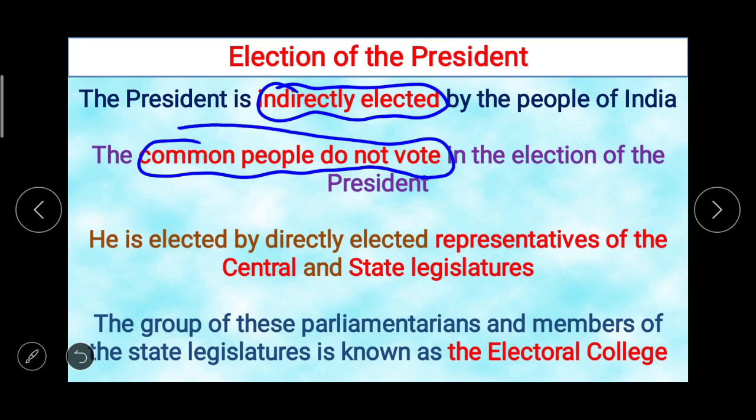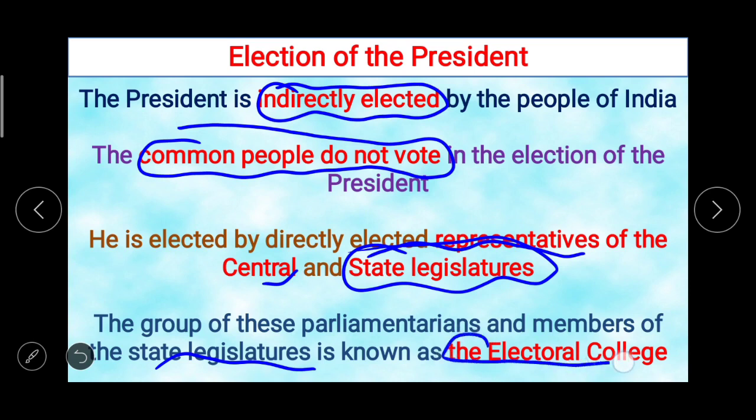He is elected by directly elected representatives of the central and state legislatures. जिन लोगों को लोगों ने ऑलरेडी चुन के दिया है, डायरेक्ट इलेक्शन के थ्रू वो हाउसेस में जाकर बैठे, उनके थ्रू प्रेसिडेंट का इलेक्शन होता है या फिर उनके थ्रू प्रेसिडेंट का चयन होता है, इलेक्शन में वोटिंग होती है. The group of these parliamentarians and members of state legislature is known as the electoral college.